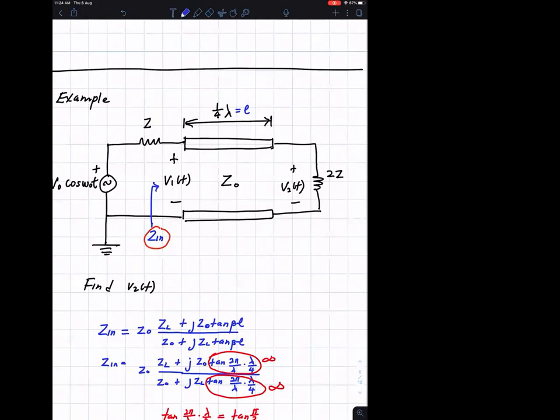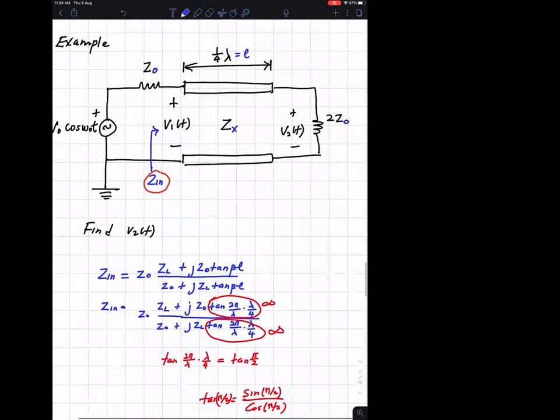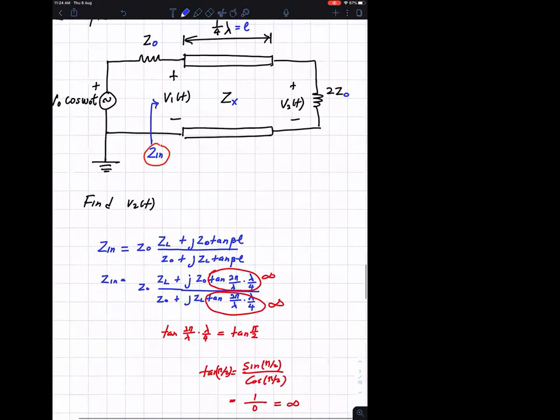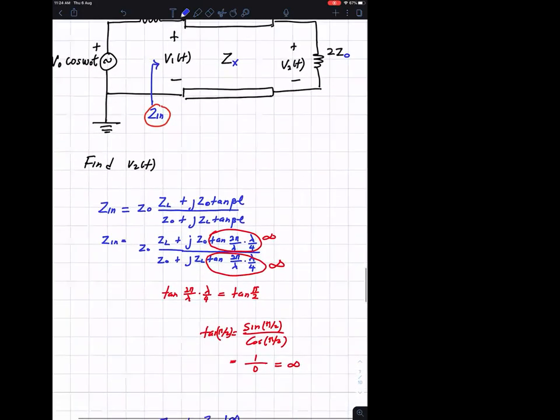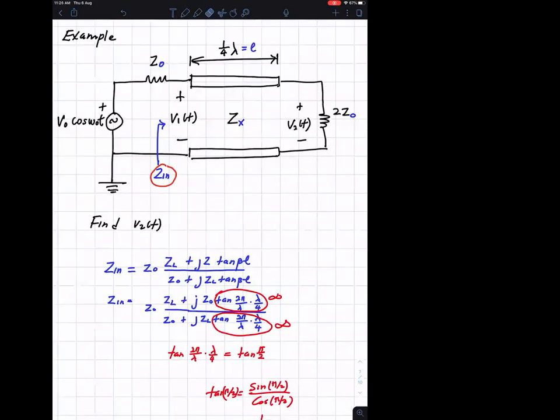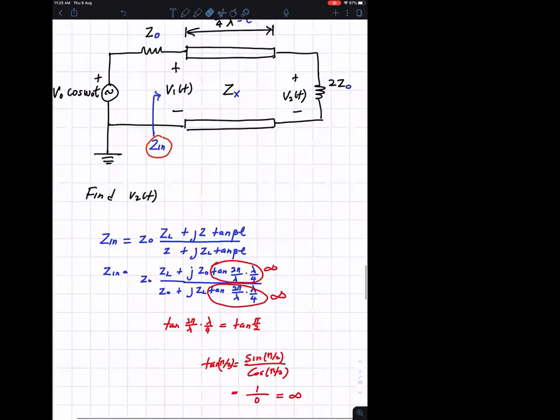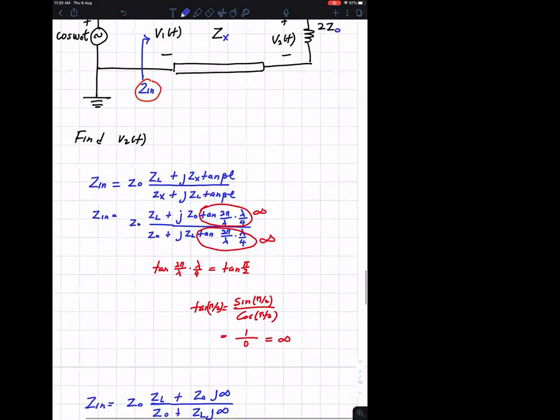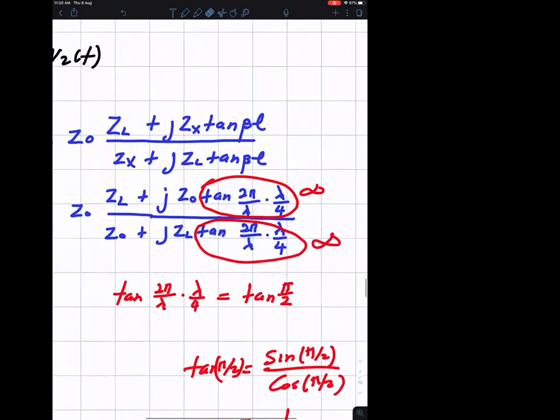Okay, let's call this Z naught, and let's call this ZX or something, and then here Z naught. So in this case, it's going to be ZX here. Just a small change in subscripts.